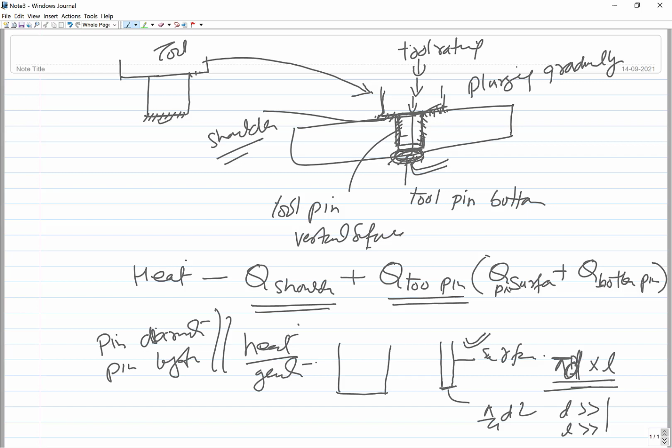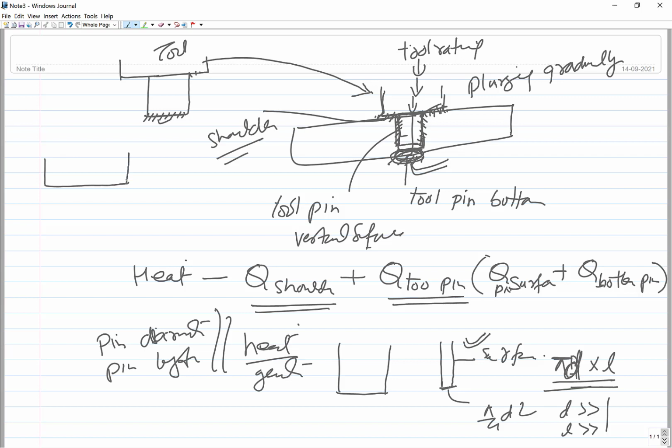And the same is true for the shoulder diameter. Say this is the pin and this is the shoulder; if the shoulder diameter is large, then greater will be the area of the workpiece that is rubbed by the shoulder.